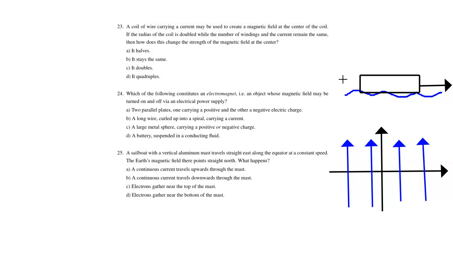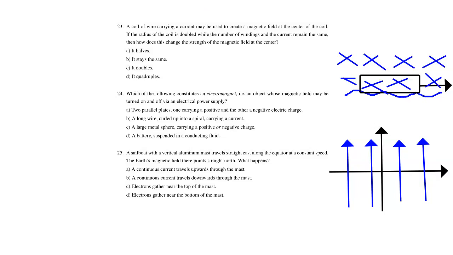Whereas if I'm looking at it this way, we're south of the boat, looking north. We watch the boat going east. But then the magnetic field is pointing into the page, because we're looking north.